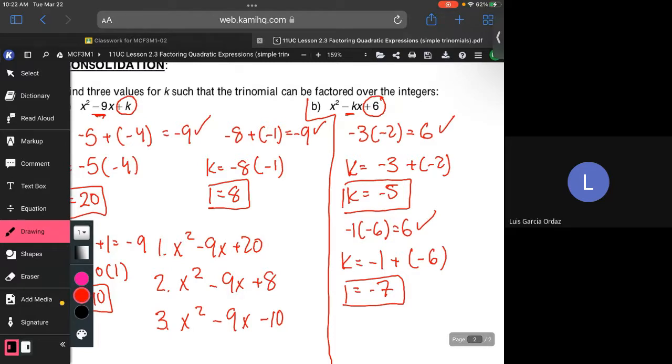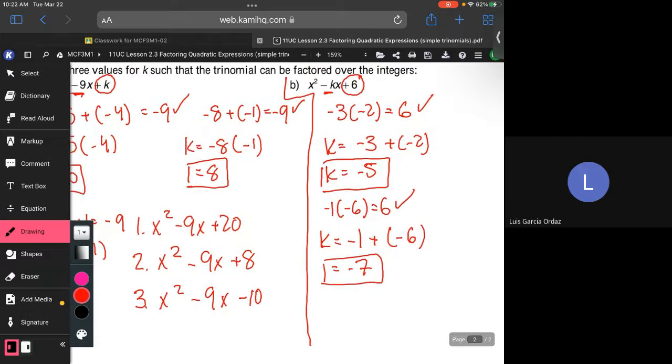That's it. So our first equation can be x squared minus 5x plus 6. My second one is x squared minus 7x plus 6.